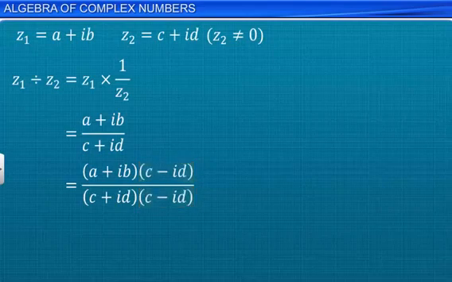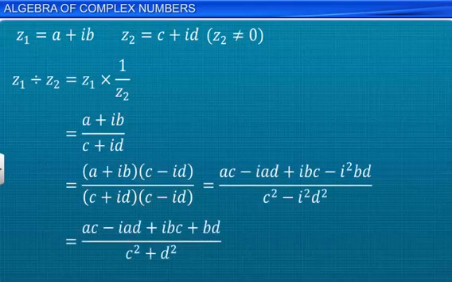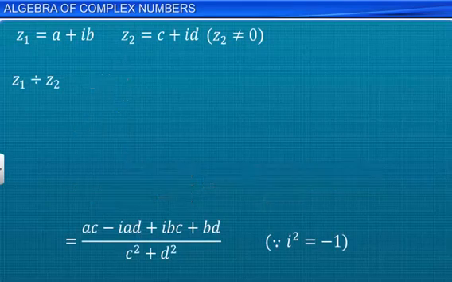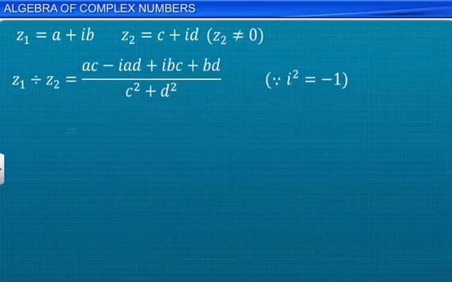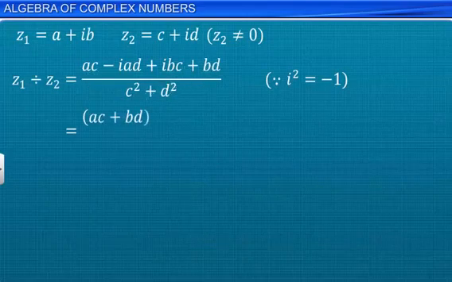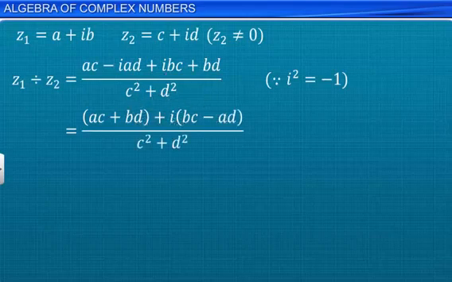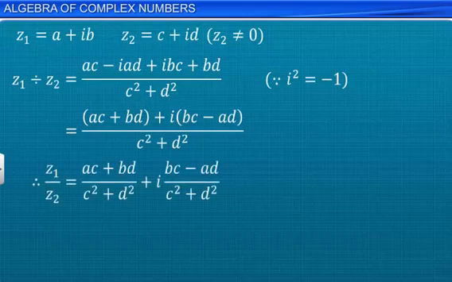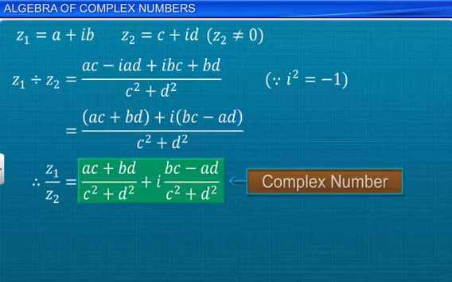This process is called the rationalization of the denominator. We know that i squared is equal to minus 1. This is the required quotient, which is also a complex number.